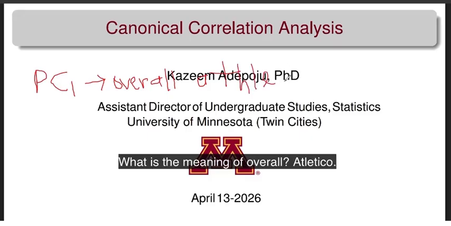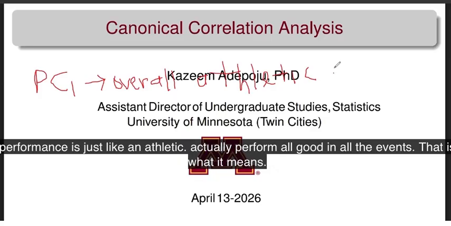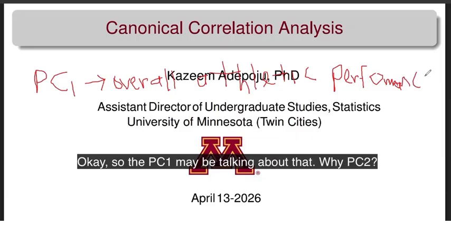What is the meaning of overall athletic performance? It is just like an athlete actually performing well in all the events. That is what it means. So the PC1 may be talking about that.